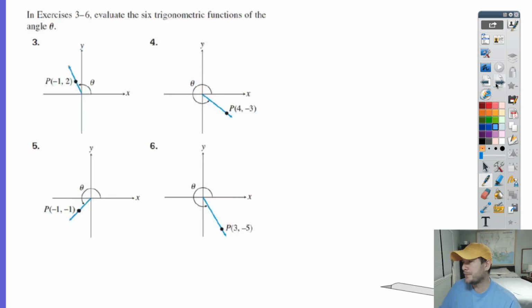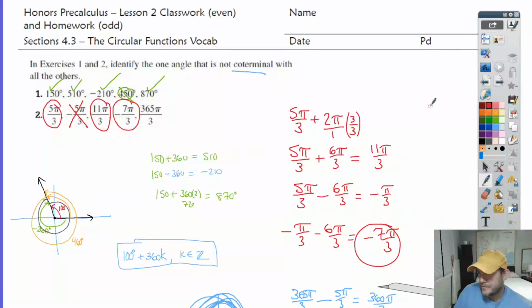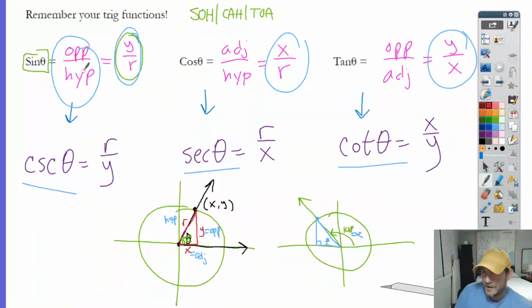We can move on. All right, so now for something kind of completely different. It says evaluate the 6 trig functions of angle theta. So angle theta is this rotation angle that has us living in quadrant 2. Now they very kindly are handing us x and y on a silver platter. Now after all that talk a second ago about coterminal angles, you'd be forgiven if you forgot that in this lesson we also redefined sine, cosine, and tangent in terms of x's and y's and r's.